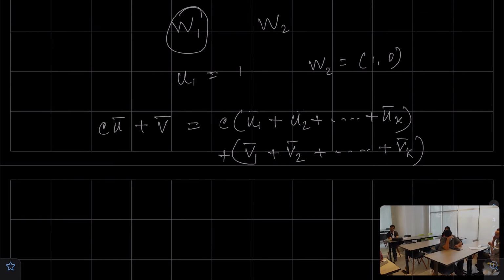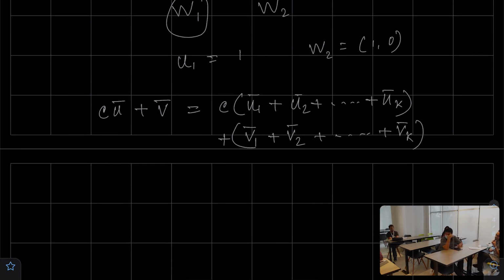A small comment: when you ask this question, even before trying to answer it, you have to define how you define this addition and scalar multiplication. The addition is the addition in the original vector space, and the multiplication by C is the component-wise multiplication.